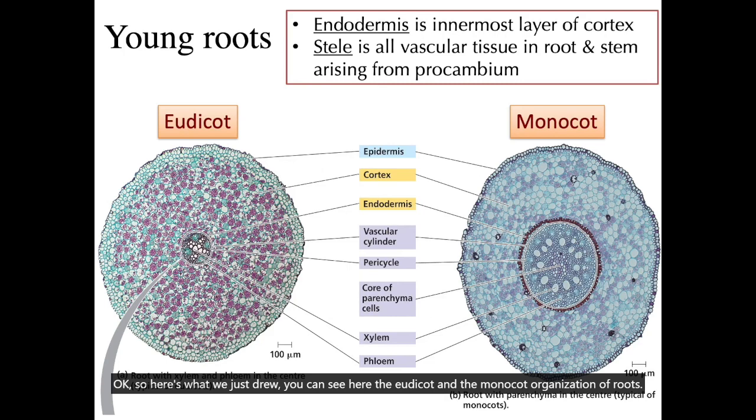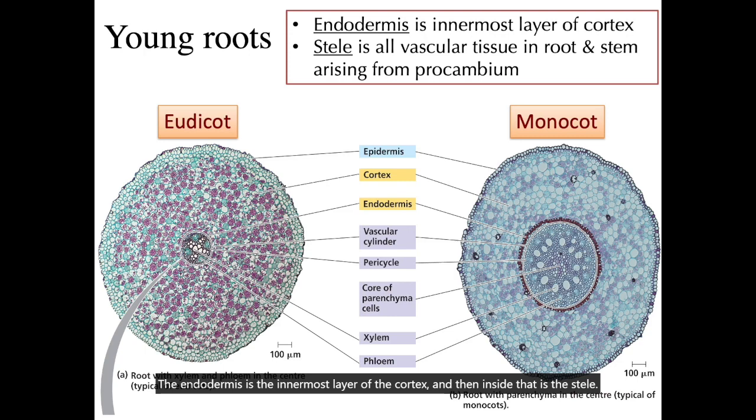Okay, so here's what we just drew. You can see here the eudicot and the monocot organization of roots. Of course, on the outside is the epidermis. Inside that is a region called the cortex. And inside that is a very special ring of tissue called the endodermis.